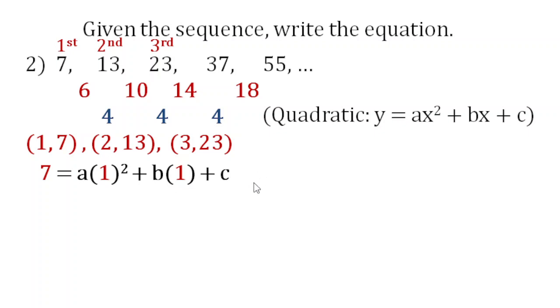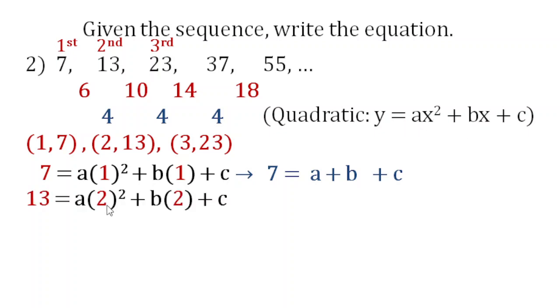And if we simplify this, we have 7 equals a plus b plus c. And using (2, 13), this y is 13, this x here is 2, and also this x here is 2. So we have 13 equals a times 2 squared plus b times 2 plus c. And simplifying this, we have 13 equals 4a plus 2b plus c.